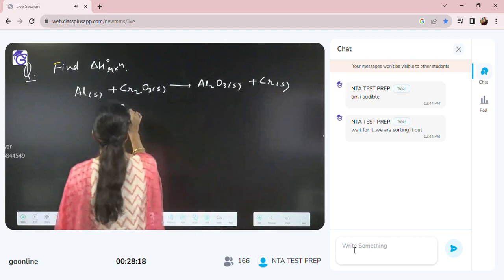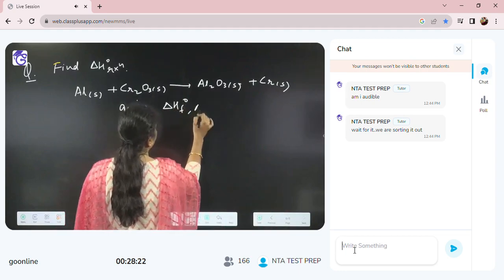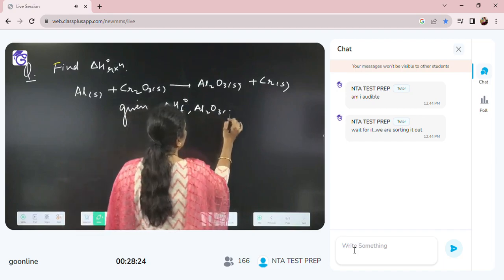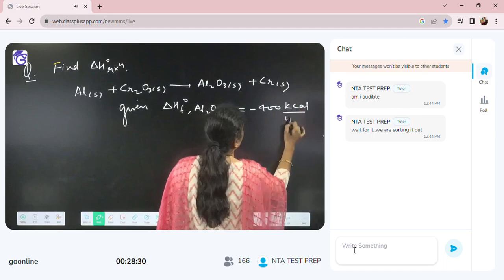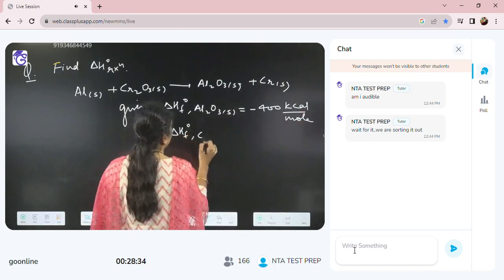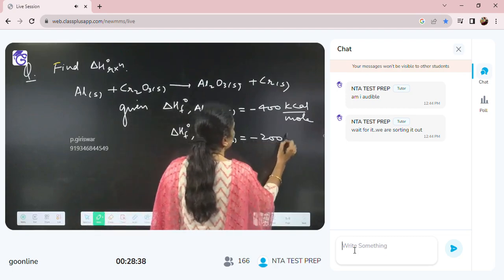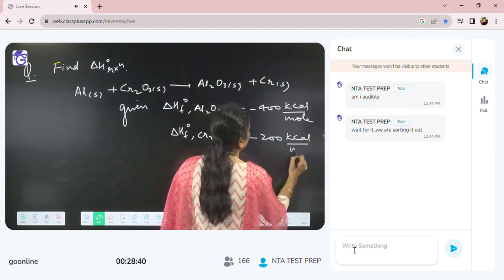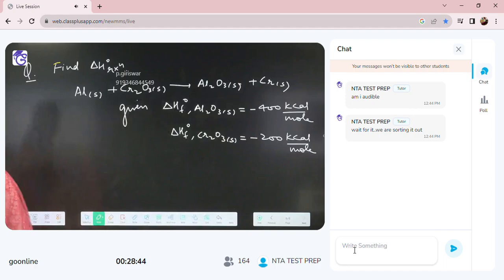Given delta HF naught of Al2O3 solid is minus 400 kilocalorie per mole, and delta HF naught of Cr2O3 solid is minus 200 kilocalorie per mole. Find out the answer and let me know. I've given you a very basic fundamental question here.